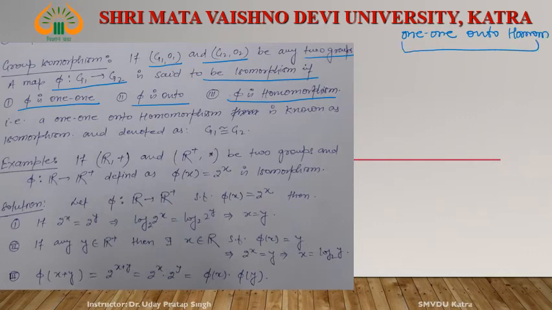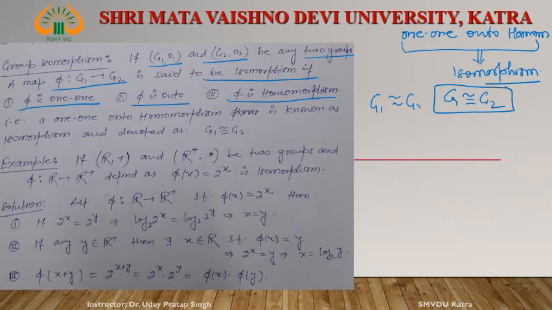This one-one, onto homomorphism is known as an isomorphism, right? And if two groups are isomorphic, then G1 and G2 are denoted by this notation. Either this or this notation is also true. These two groups are isomorphic.